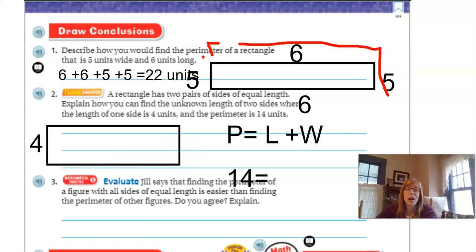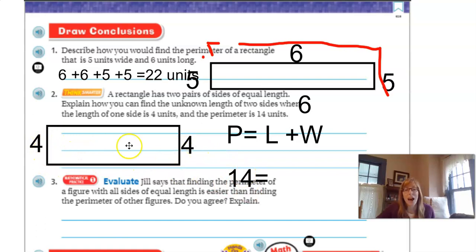So we know that one side is 4, so that means this side is 4. Okay? Now you have to think to yourself, if you know this is 4 and this is 4, and you know perimeter is length plus width, so we need the length plus the width to equal 14.